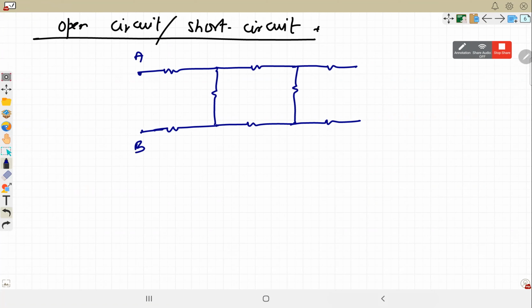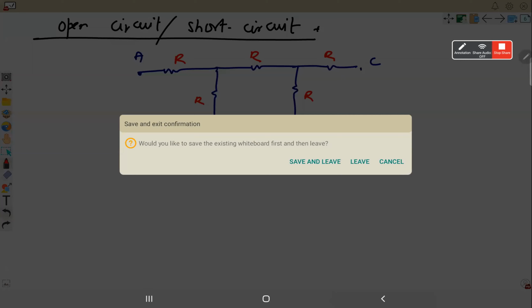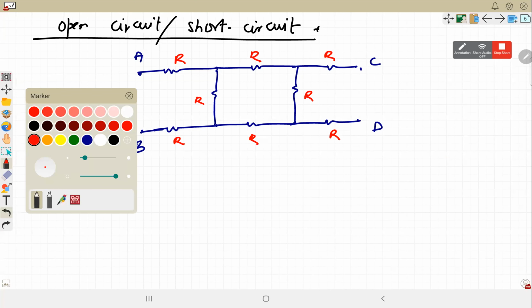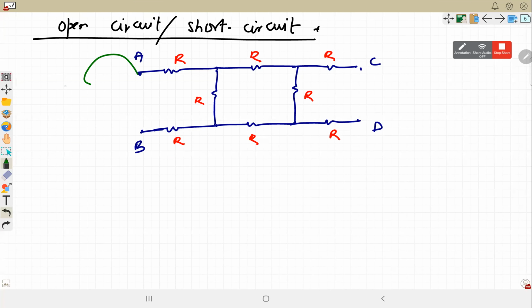A, B, C and D and each resistance here is R. Now the battery can be connected only between the two points. बाकी जो 2 points होंगे वो they will be left hanging in air, so they cannot draw any current from the circuit. Whether C is open and D is open, C will not draw any current and D will not draw any current. So उसको हम हटा देंगे circuit से.